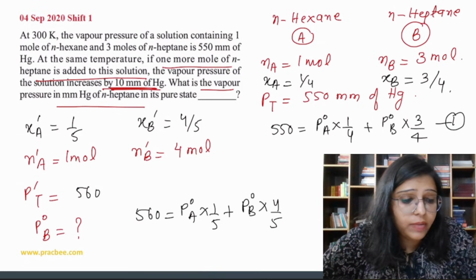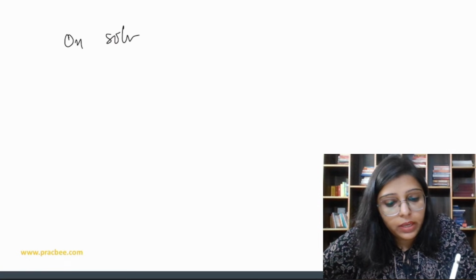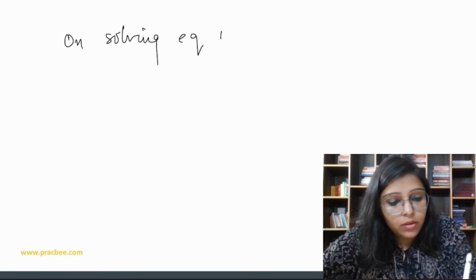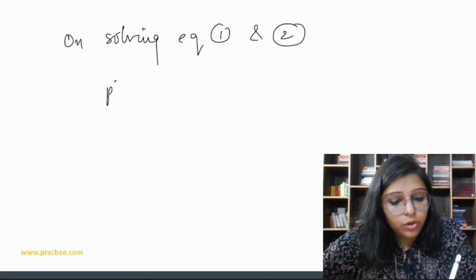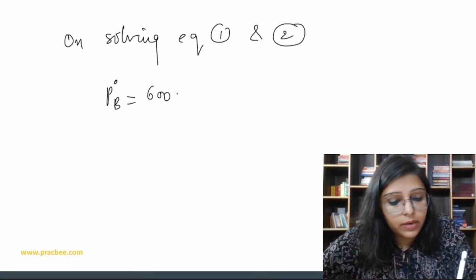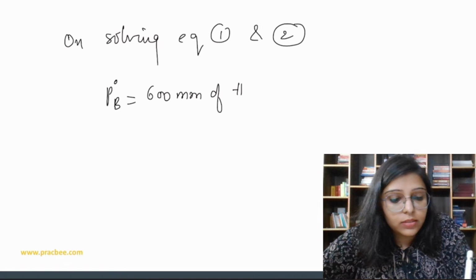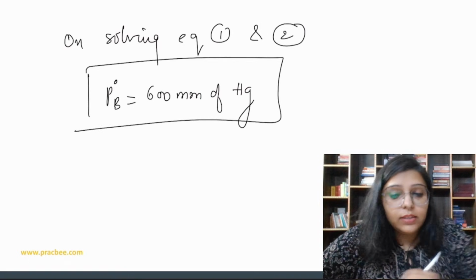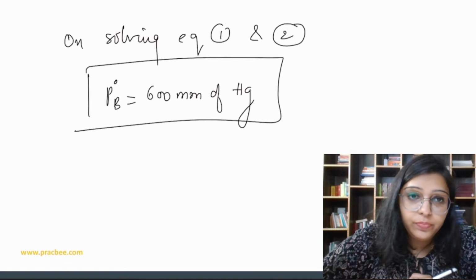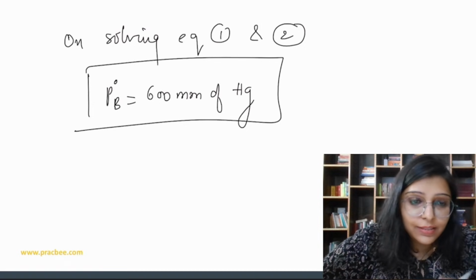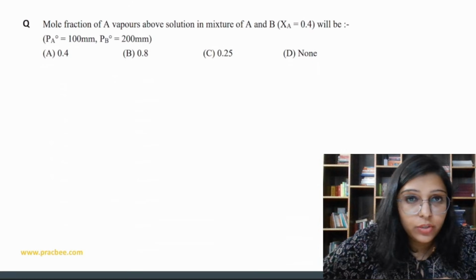Now you have to solve equations 1 and 2, right? On solving equations 1 and 2, P naught B is equal to 600 mm of Hg. Okay, that's it. Simple question, right? You have to do the calculation.